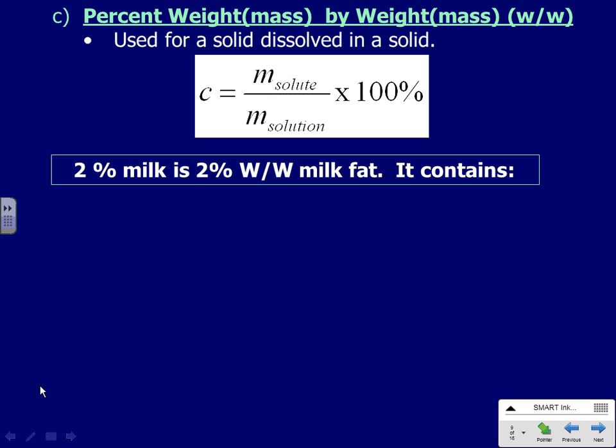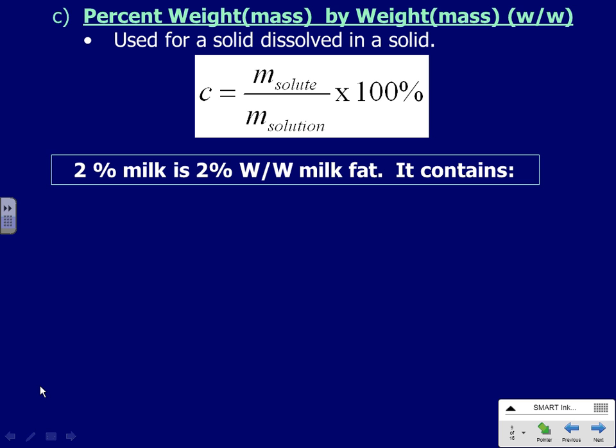Percent mass by mass. Now, we briefly talked a little bit about solid state solutions the last day, things like alloys. But it turns out that for some reason, I don't know whether it's the milk producers or the milk marketers, milk fat tends to be expressed as a W/W.